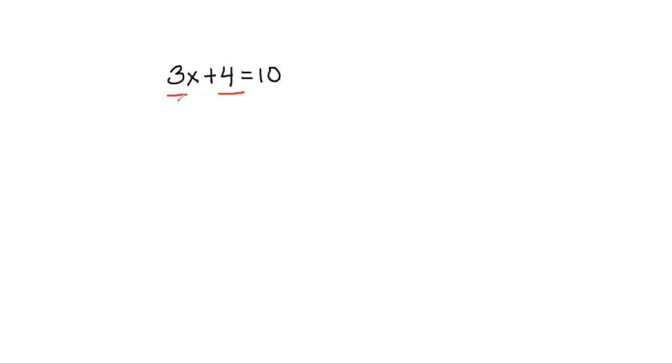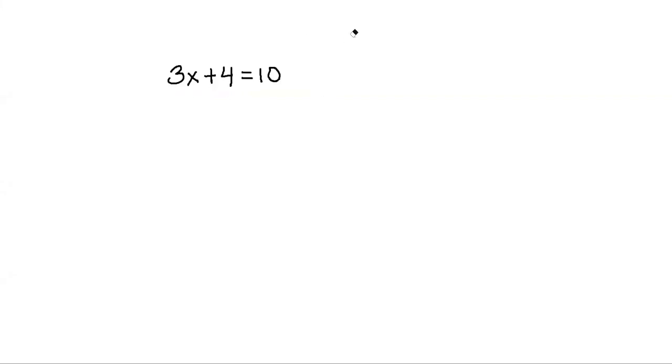A coefficient is a number that's attached to a variable. And actually, the operation that's happening between this 3 and the x is multiplication. So essentially, this is 3 times x, but a number with a variable next to it is just 3x when we multiply it.